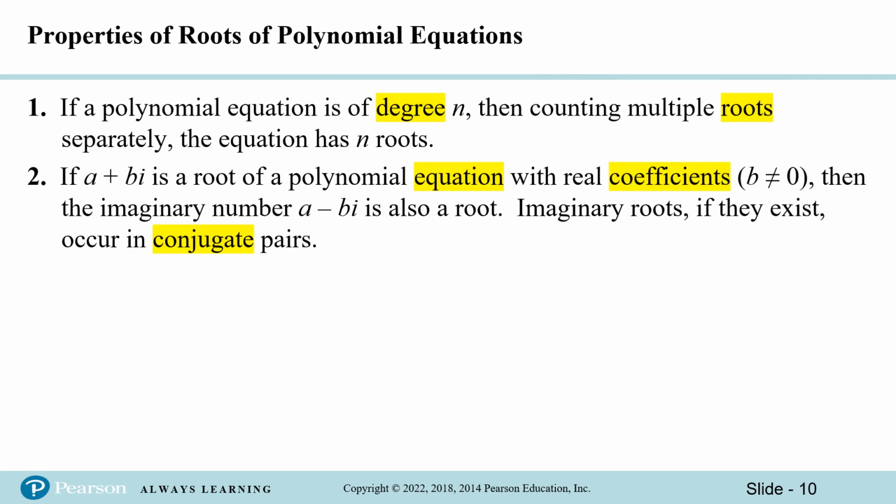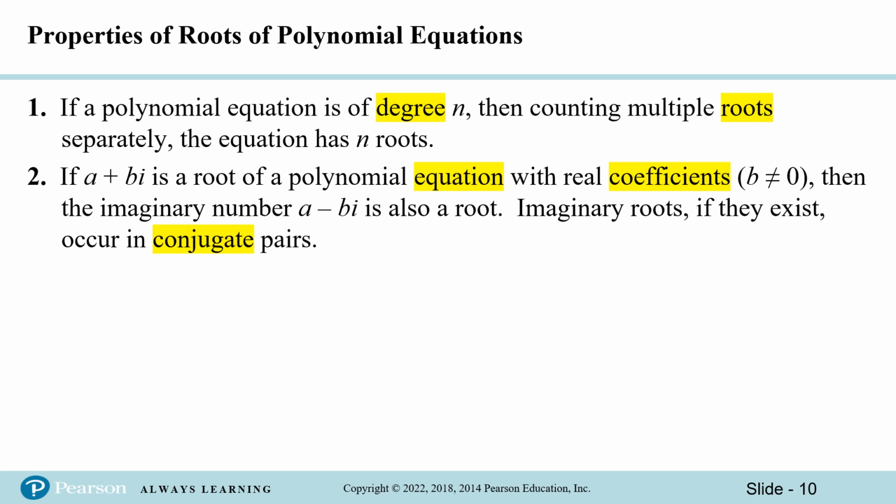Okay. What else? If a polynomial is degree n, counting multiple roots, meaning multiplicity greater than 1, then the equation will always have n roots. What does that mean?